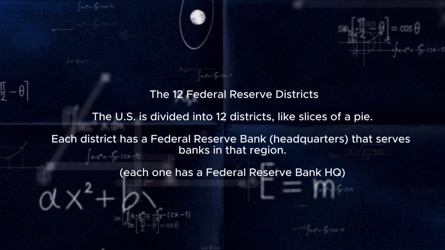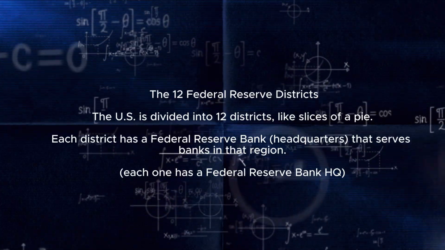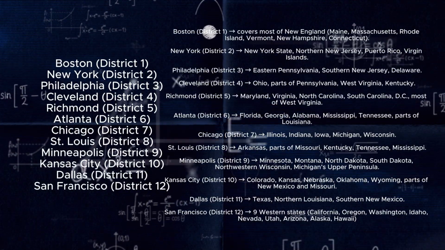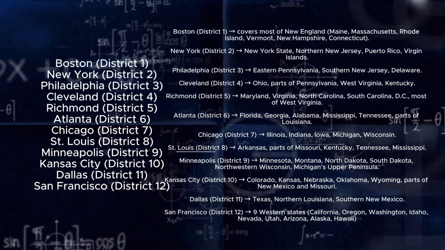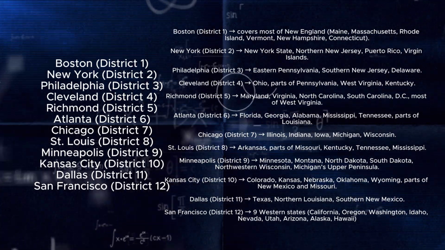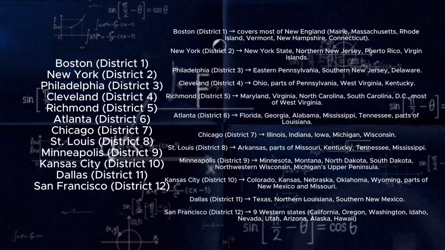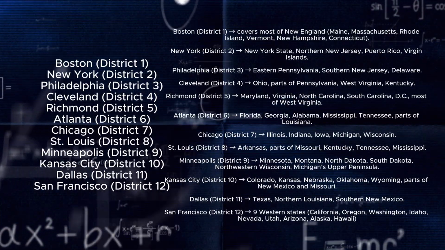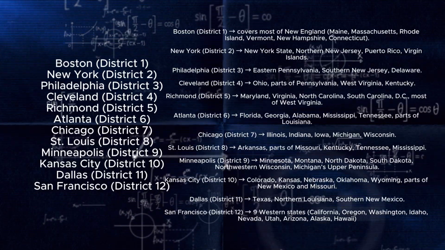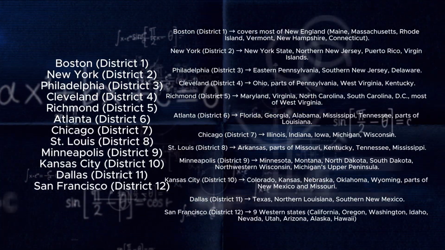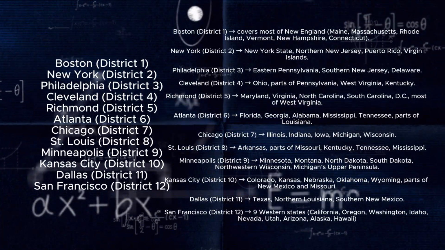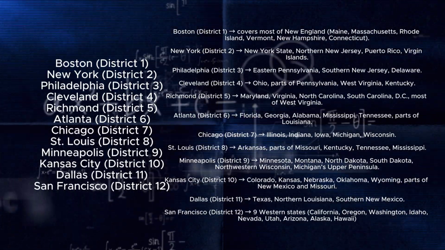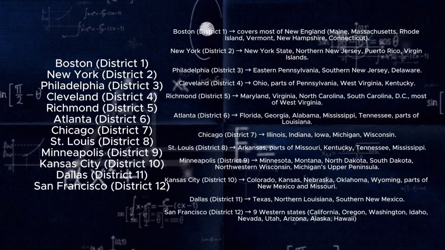Boston, District 1; New York, District 2; Philadelphia, District 3; Cleveland, District 4; Richmond, District 5; Atlanta, District 6; Chicago, District 7; St. Louis, District 8; Minneapolis, District 9; Kansas City, District 10; Dallas, District 11; San Francisco, District 12.